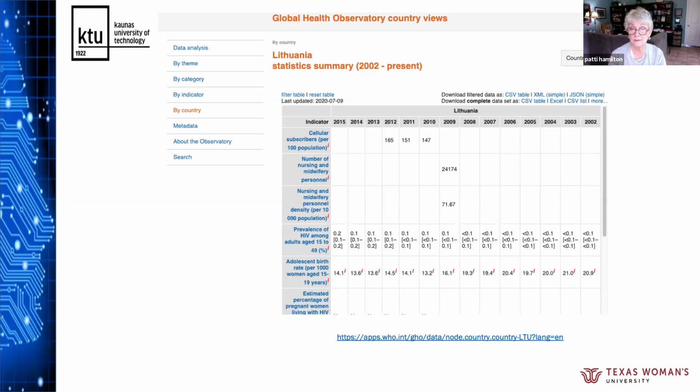So some of the things that you started to measure after 2009 were the number of nursing and midwifery personnel, and the density of those personnel per population. And interestingly, in regard to health delivery, the number of cellular phone subscribers had increased over time from 2010 to 2012.